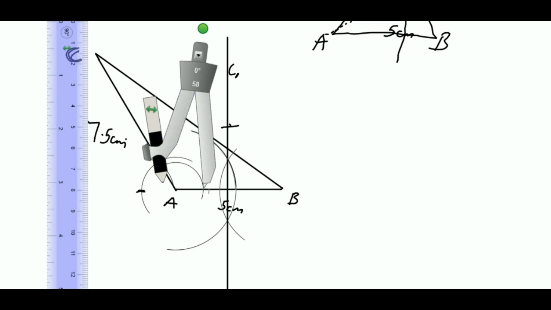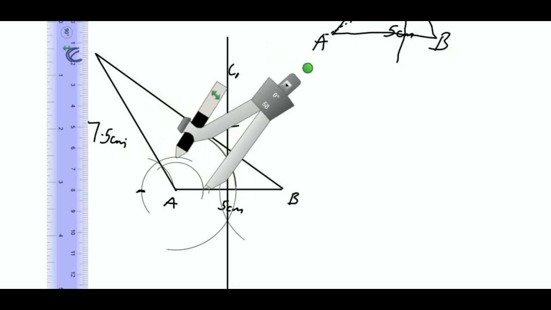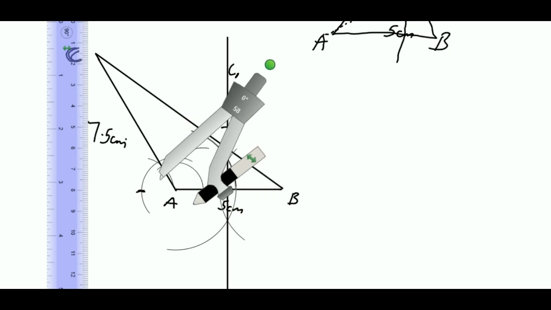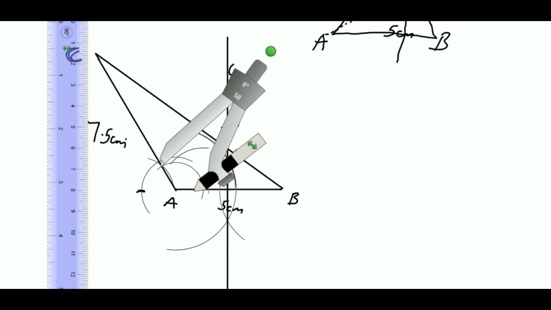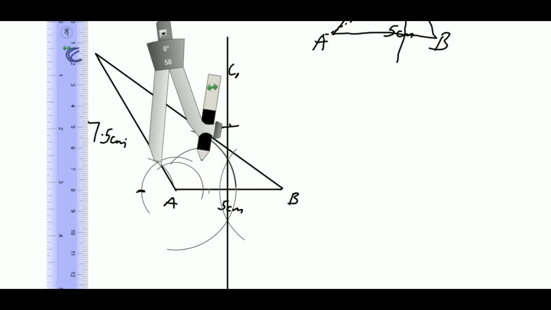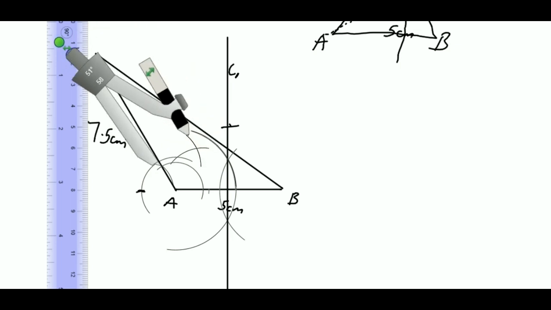Then you make sure somewhere inside the triangle, you do an arc, then flip it to the other side. Take your needle point to the other side where that arc intercepts the other line, then draw an arc to meet the arc that you drew earlier.